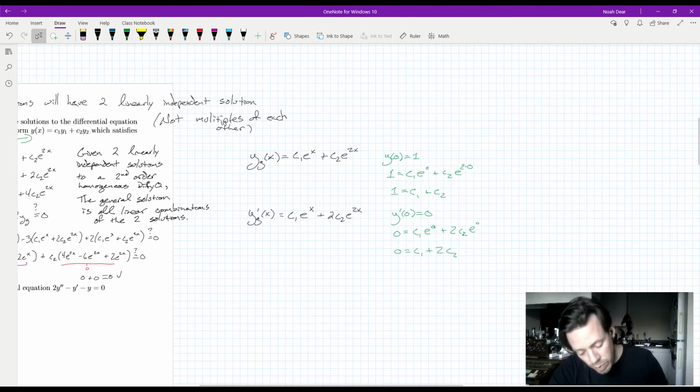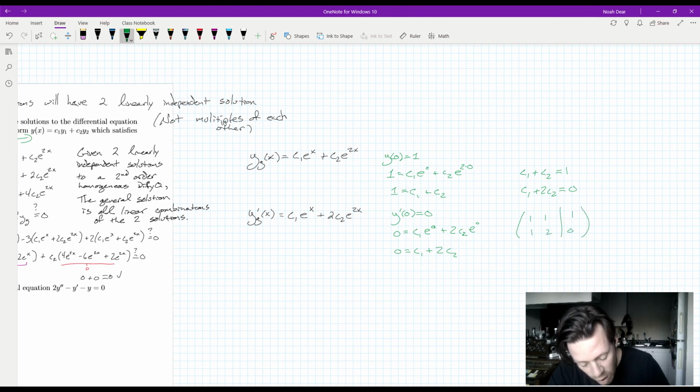using linear algebra. So we're going to take this, and I'm going to rewrite these, c1 plus c2 equals 1, and c1 plus 2c2 equals 0, using a matrix of 1, 1, 1, and 1, 2, 0. So here we have an augmented matrix, and I'll use row reduction.